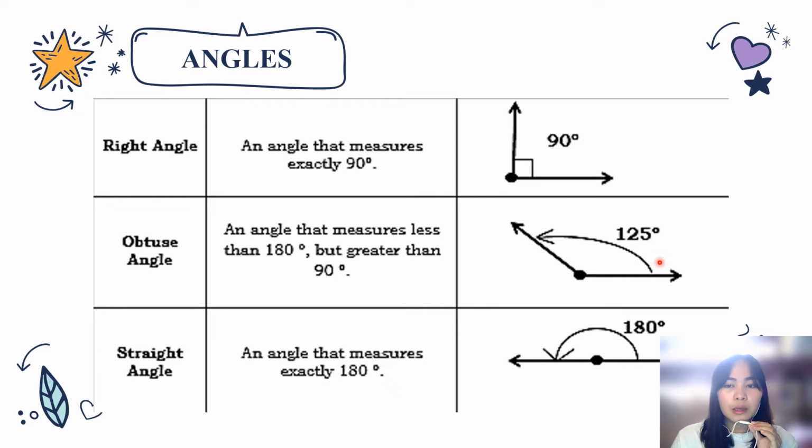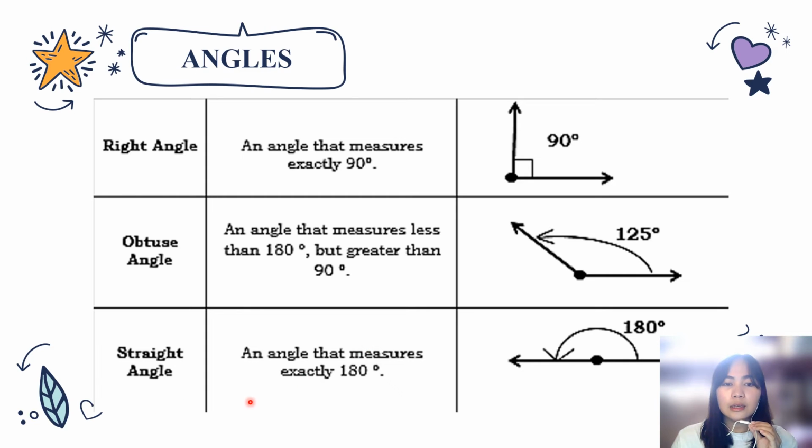Yes. Mas gamay ba ang 125 degrees sa 180 degrees? Yes. Therefore, this example of 125 degrees is an example of obtuse angle. So again, an obtuse angle is an angle that measures less than 180 degrees but greater than 90 degrees.